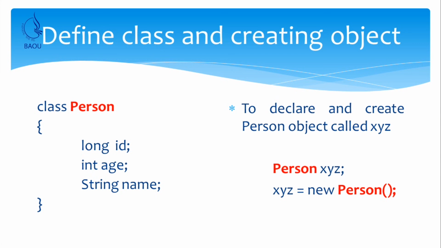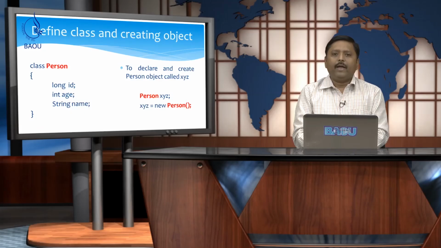So, next we write xyz is equal to new person. So, memory is allocated for xyz and assigned to xyz. So, next time you refer to xyz, you can access its data if it is public.